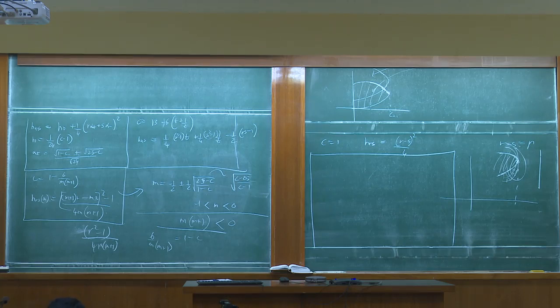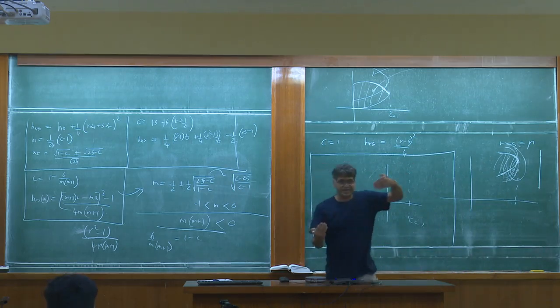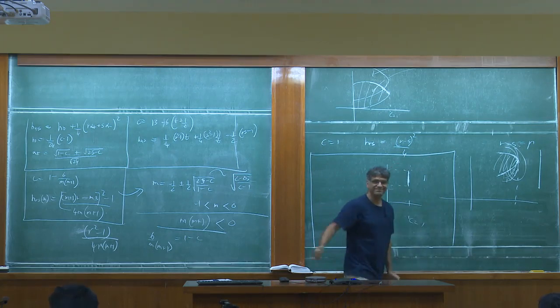You look at this curve and you look at c equals 1. When you ask whether there is a limit, you have to ask in what region. Let me keep a fixed window of some size, let's say 1.